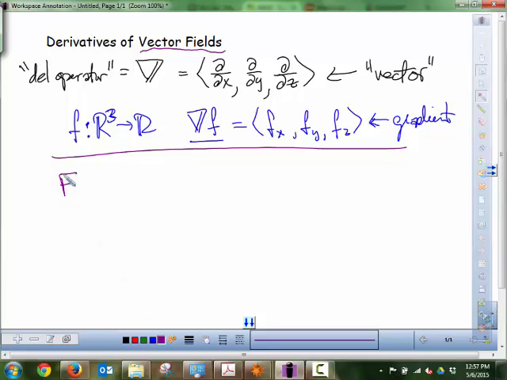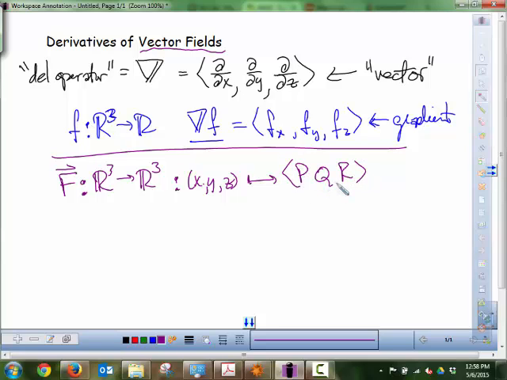So now if you have a function that takes 3 variables, x, y, and z, and outputs 3 components, so capital F is essentially P in the I direction, Q in the J direction, and R in the K direction.